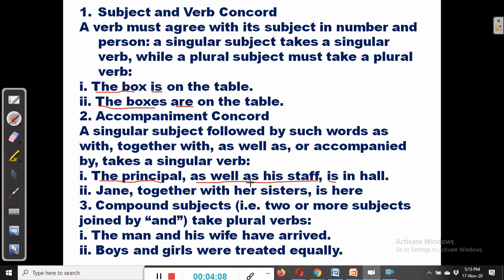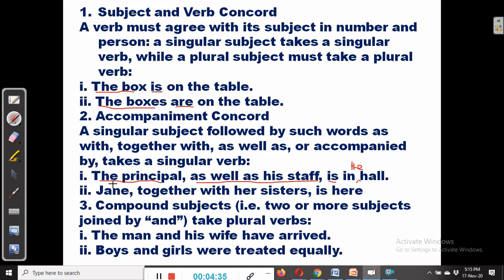And if you are not familiar with the rule of Concord, you might get it wrong. You might say the principal as well as his staff are in the hall, because you are looking at his staff as making it a plural subject, but it doesn't, because as well as his staff is simply an accompaniment.